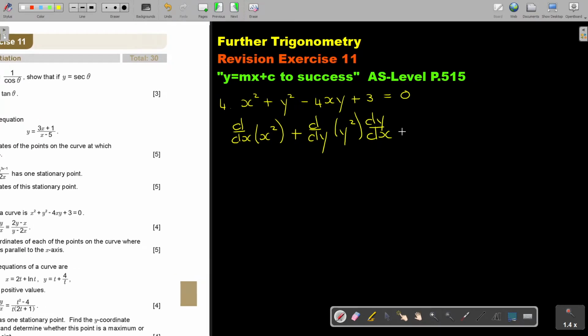Let's continue. Then minus, this is the product rule. Do you see there? There are 4x and y. So I rewrite the first one and I differentiate to the second one. Don't forget, dy over dx.